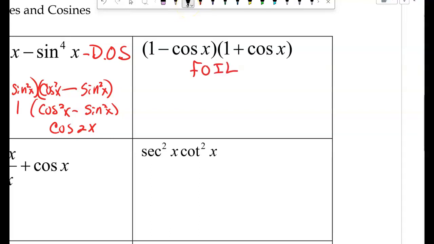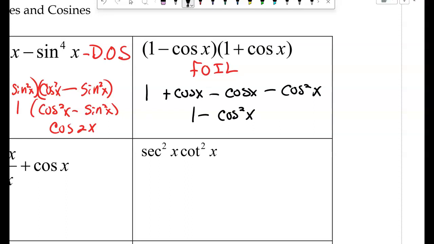If we are FOILing this, we get 1 plus cosine x minus cosine x minus cosine squared x. Which, by the way, doesn't that give us a difference of squares? Because remember, conjugate binomials give us the difference of squares. All right. Can anyone tell me what that would be?